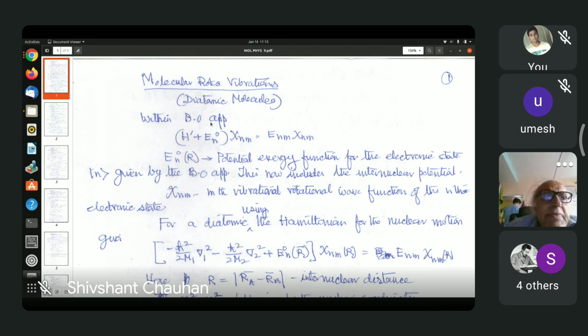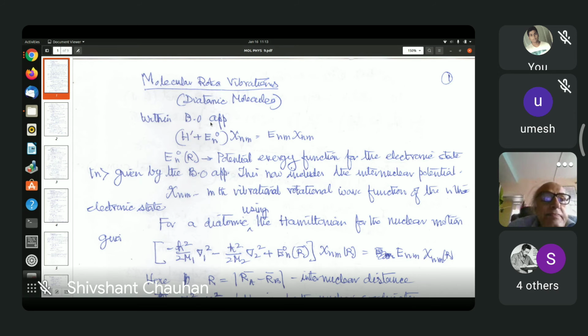For the quantized nuclear motion, we need another set of indices which we denote as M. So N, the first index here, denotes the electronic state, and M, the second index, denotes the nuclear quantum number on the nth electronic state. Well, any question?